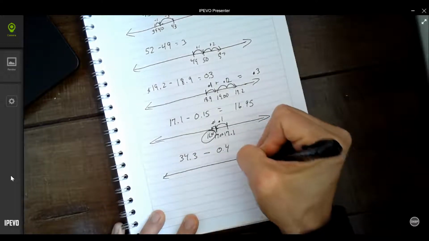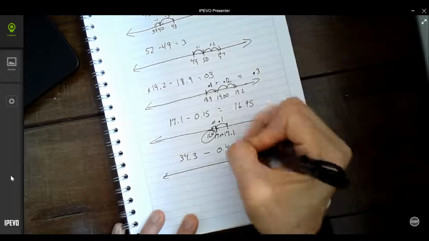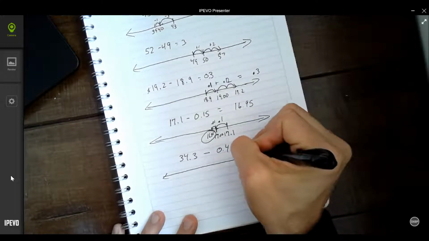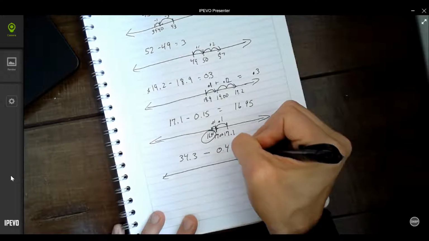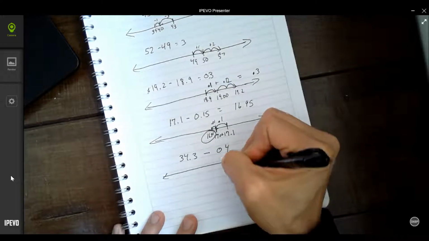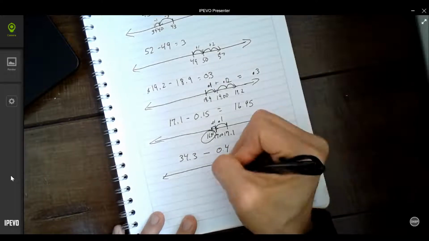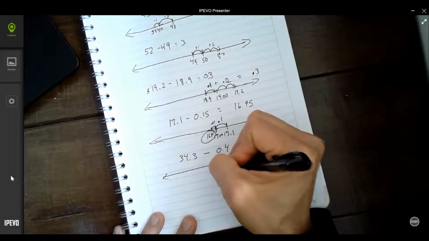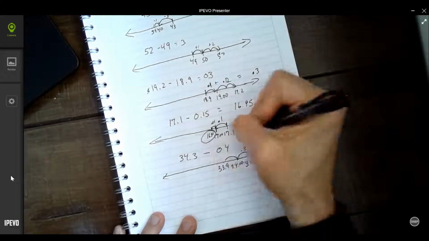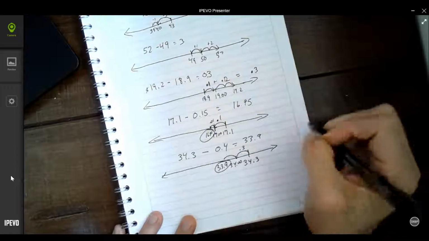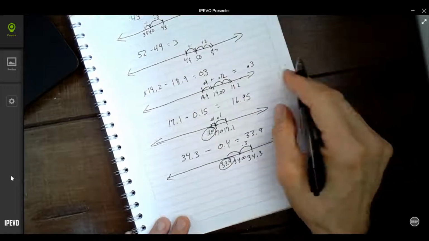I have $34.30. I'm going to take 30 cents away to get me to 34 even. And that leaves me with 10 cents left to take away, which is going to get me to $33.90, or 33 and 9 tenths.